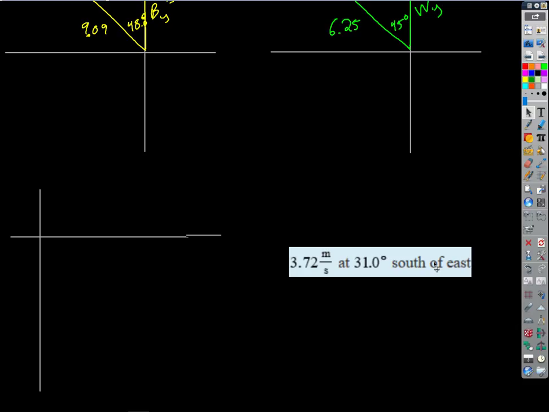Okay, he's going to be light blue. So where's he go? Okay, south of east, so that means we're starting at east, and we're sweeping out that much angle south, right? So we're going to end up with something like that, where this will be our 31.0 degrees.